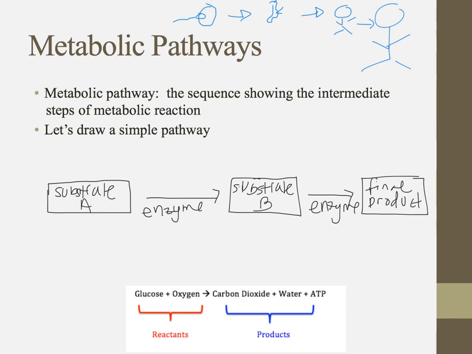Okay. So I know oftentimes we kind of say, oh, well, overall glucose and oxygen gets turned into carbon dioxide, water, and ATP energy. It sounds like this just magically turns into that. Well, it's not that simple, as you're going to find out. There are a bunch of intermediate steps involved, and almost all of them require enzymes.